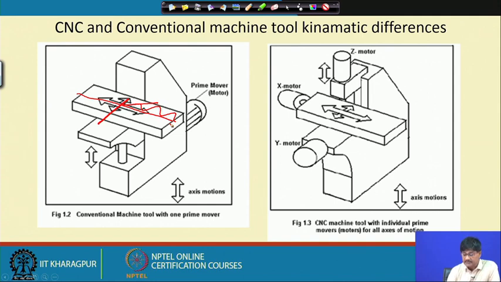In that case, I can have individual motors for each and every axis and control them from the computer directly. So if I want a circle to be cut, I can give a voltage to the X motor as V sin omega t, and a voltage to the Y motor as V cos omega t, and their combination will give me a circle if the speeds correspond in a similar fashion to the respective voltages applied to the motors.